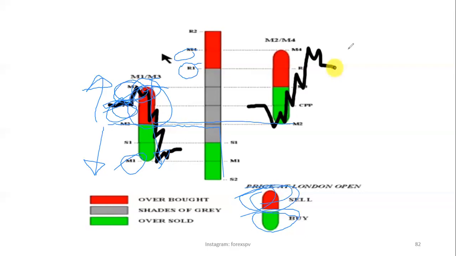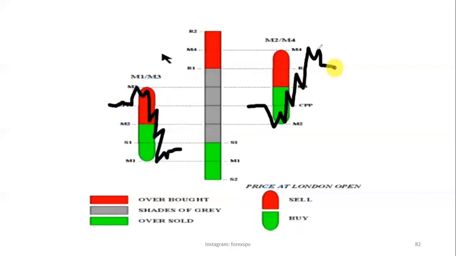So when the pattern forms around M3, then it would be a high probability setup to me. So around M3 is a high probability setup for sell. Around CPP, if it's a type 2 or type 3 random pattern, then it's a possibility that the market would fall smoothly.